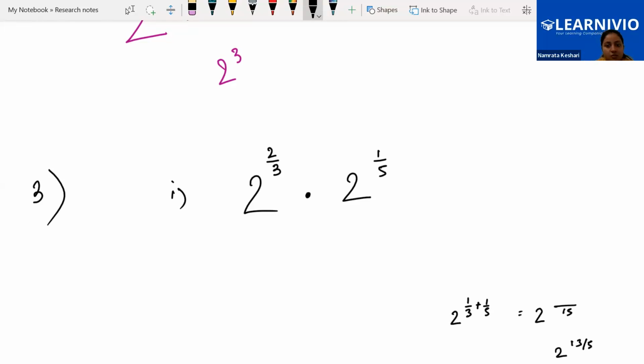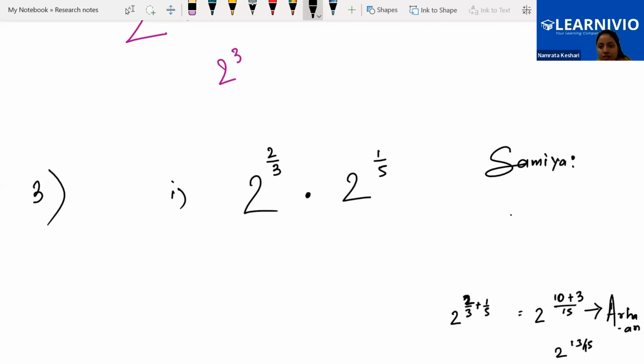Oh yeah, it's 2 upon 3. By mistake, I have written 1 by 3. That's why I was thinking why it became 10. Yeah, it is 10. Plus 3, 13 by 15. Arhan, you said this, right? Yes, ma'am. Samya: Ma'am, I also got 13 upon 15.